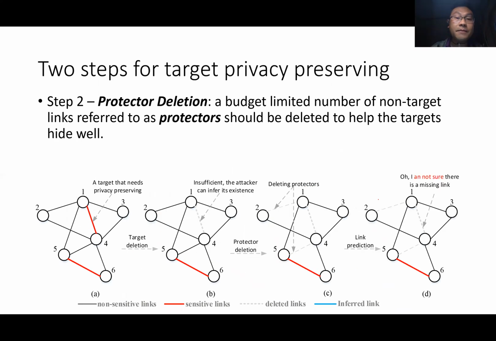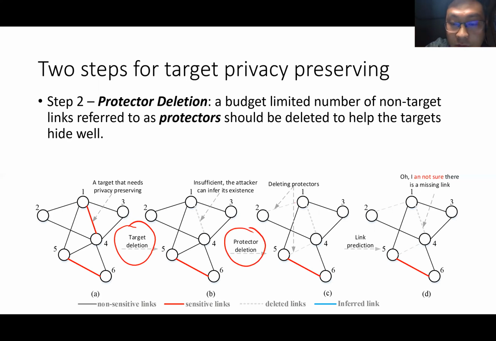So we need step 2, protector deletion. In this process, a budget-limited number of non-target links referred to as protectors should be deleted to help the targets' privacy. So in this example, after the target deletion, we need the protector deletion.